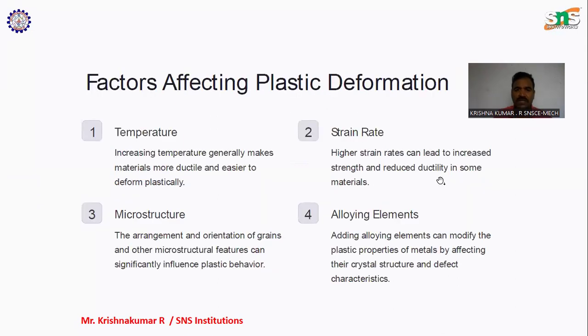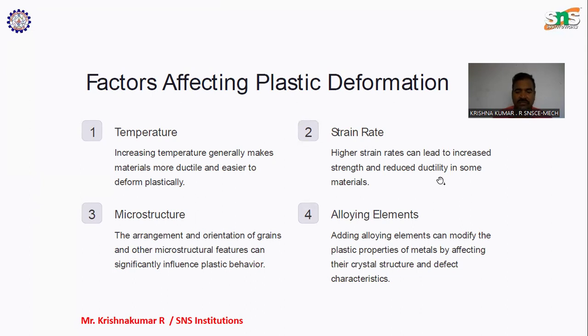Factors affecting plastic deformation. Temperature. Increasing temperature generally makes materials more ductile and easier to deform plastically. Strain rate. Higher strain rates can lead to increased strength and reduced ductility in some materials.